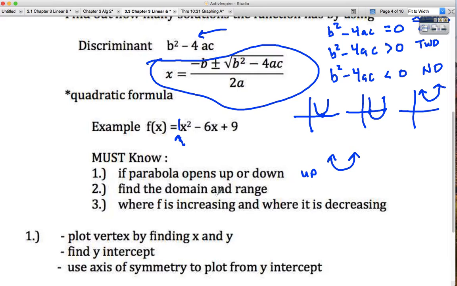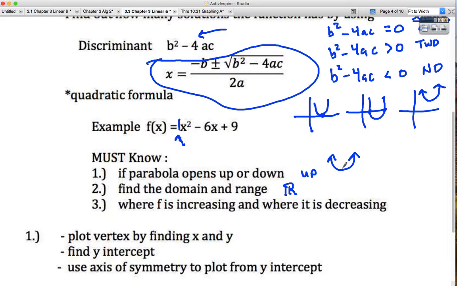We need to determine the domain and range. Now, we should be able to easily determine the domain. It's going to be all real numbers. The problem is how do we determine the range? The range will be determined by the vertex and whether this thing goes up or whether this goes down.